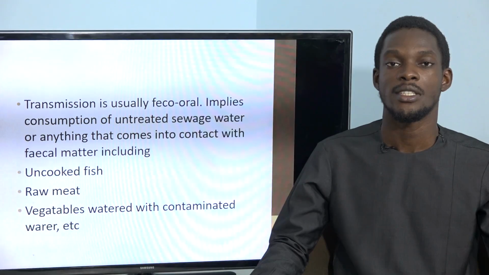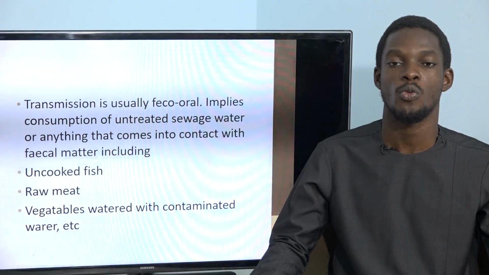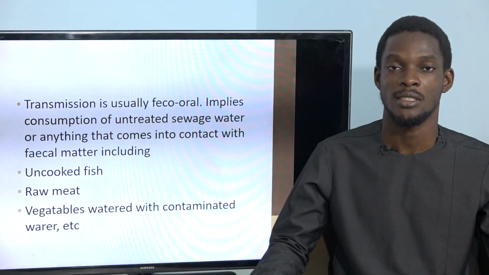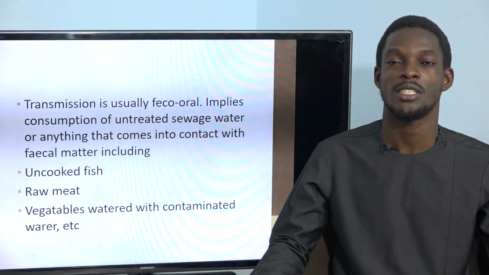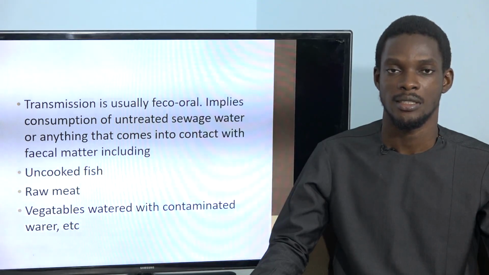So we are saying that the transmission of cholera is usually through the fecal-oral route, and it implies that consumption of untreated sewage water, or food that comes with water that has been contaminated, or food that comes into contact with sewage can spread the disease.